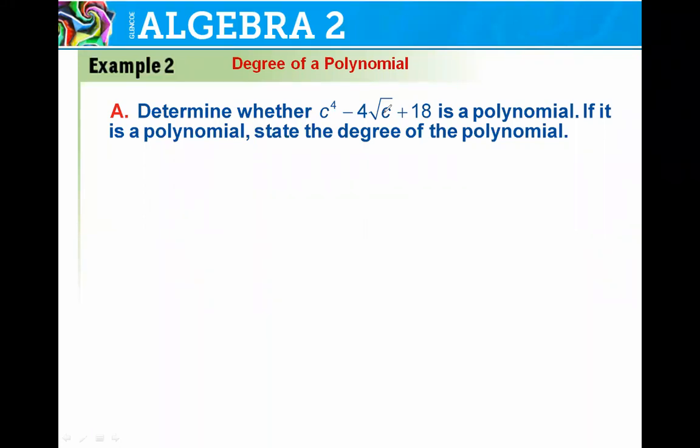It's not a polynomial, Mister, because C is under the square root. Yes, because C is under square root. So if we have the variable under a square root, the variable down in the denominator, or the variable with a negative power, it's not a polynomial.